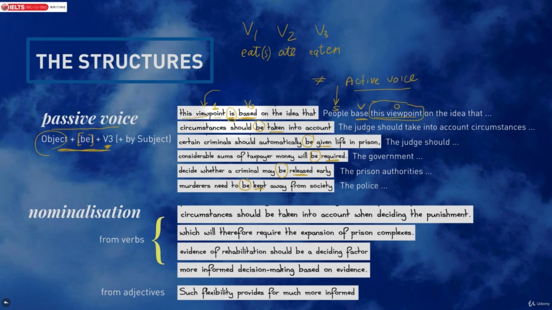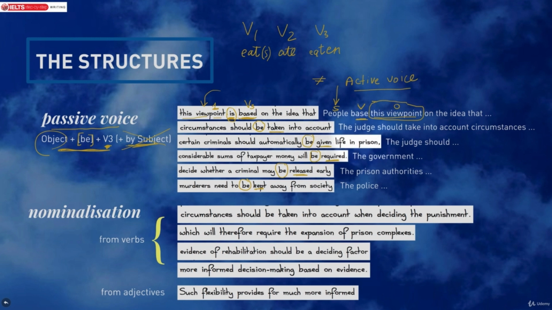So there's only one, it must be is, and then based. And then you can say by the subject if you really wanted to. So you could say this viewpoint is based by people on the idea that, but this is very seldom used in the passive. Okay.